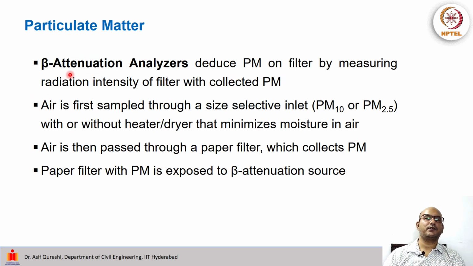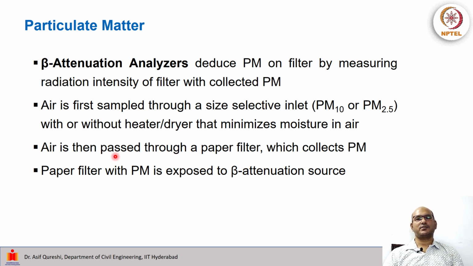We have beta attenuation analyzers that deduce particulate matter on a filter by measuring radiation intensity of the filter with collected PM. So air is first sampled through a size selective inlet, PM10 or PM2.5, with or without a heater or dryer. That depends on what we are analyzing.